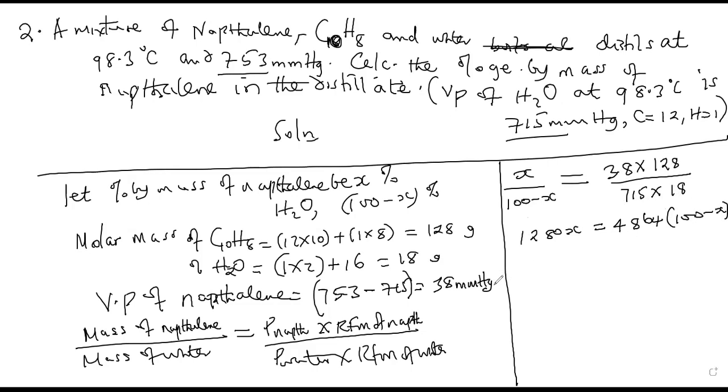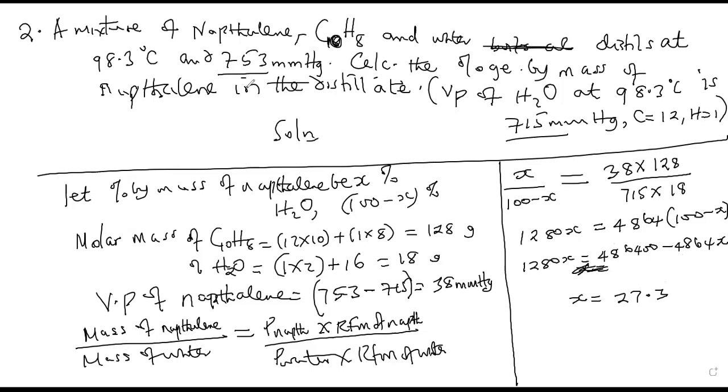Interestingly, solving will give you the value of X as, first open brackets. So we shall have 1,280 X is equal to 4,864,000 minus 4,864X. This one will give you the value of X as 27.3.